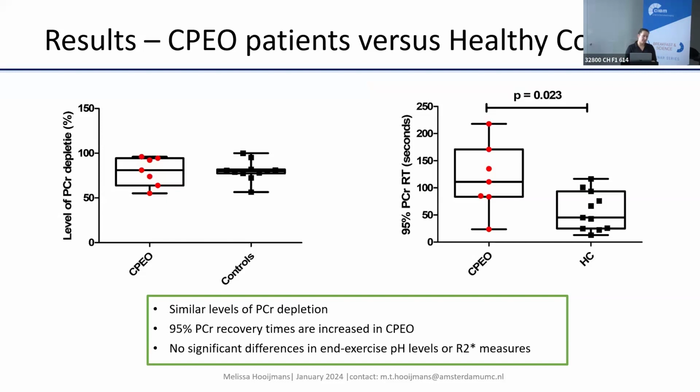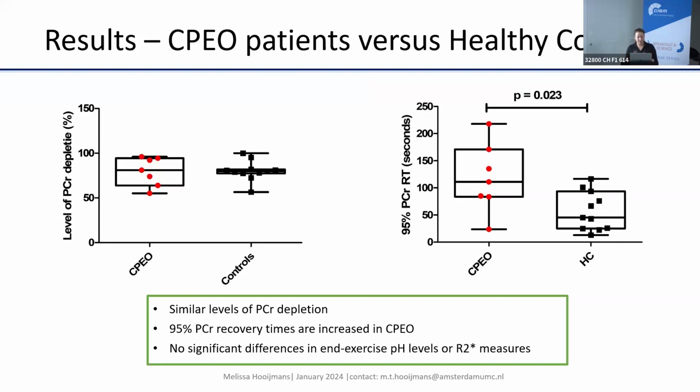And we saw that the recovery times of the patients with CPEO were relatively longer compared to the recovery times of our healthy controls, which was also what we were expecting. So we were quite happy with the results, because it showed also that it is feasible to use such a platform for patients with neuromuscular disease and get also results which are in line with the expectations and also the knowledge already known in the field.